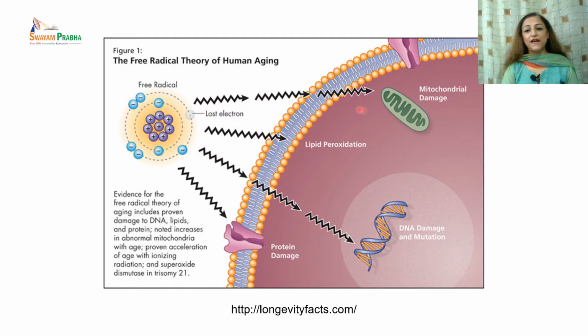It will affect the mitochondria of the cell and damage it. It will cause lipid peroxidation of the cell wall. It will damage the DNA, and it can cause mutation. So the cell growth will be affected, and along with that, there will be damage to the protein, and in turn, it will affect the functioning of the cell.